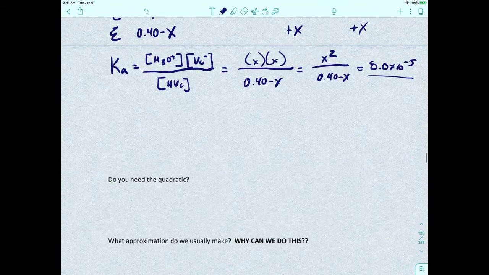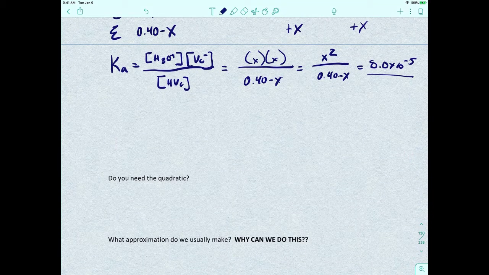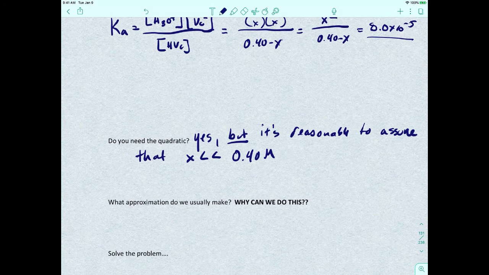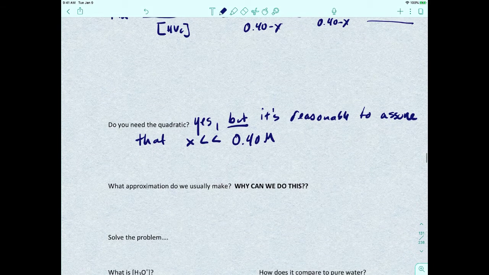Okay, so what we're going to do is use something called the approximation method or the assumption method. So do you need the quadratic? Well, yeah, you do, but what we're going to do is say that it's reasonable to assume that X is going to be much, much less than 0.40 molar. Okay. And if that's what we're going to do, what approximation can we make at this point, and why can we do it?